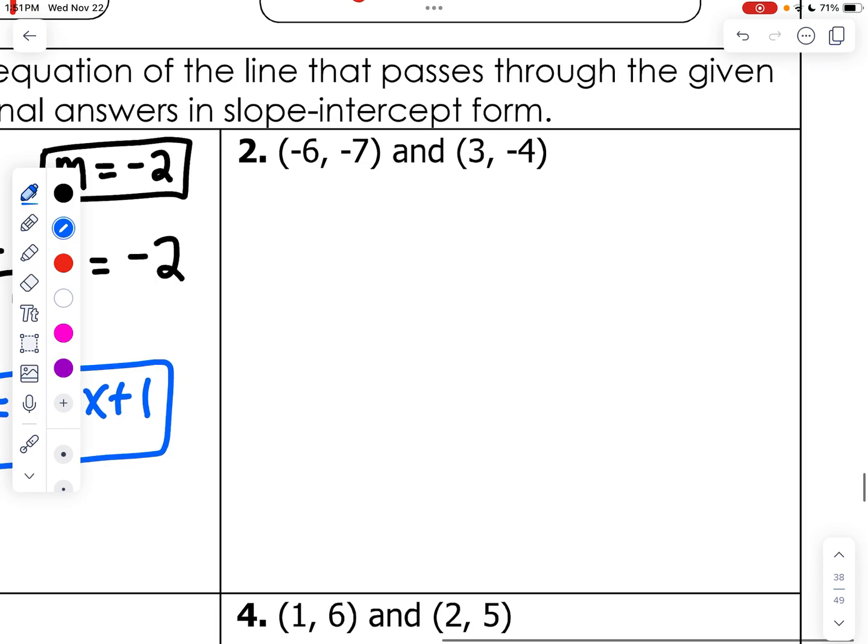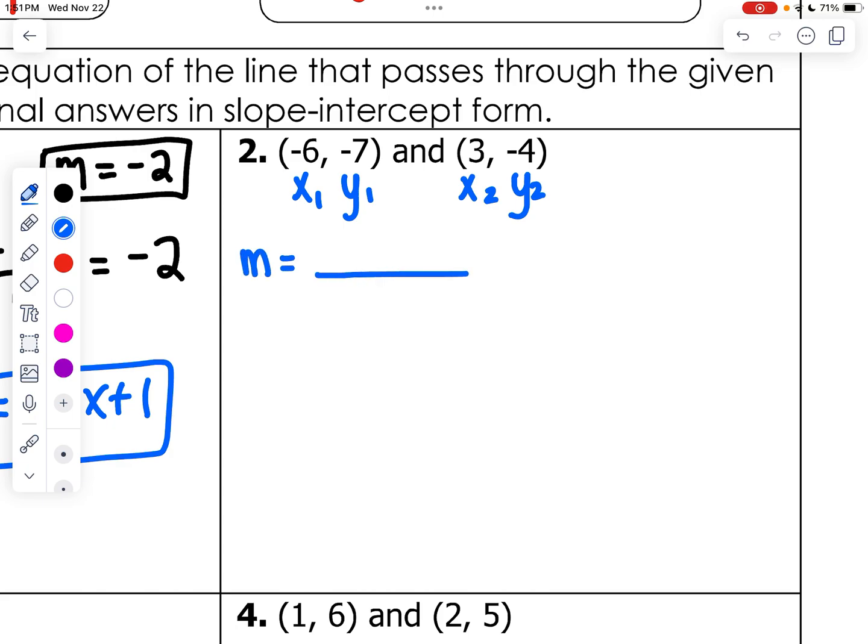Number 2. We're going to find our slope first. Both of these points are xy. This is my first point and this is my second point. So we're going to use our formula here. My formula is y2 minus y1. y2 is -4 minus y1 is -7.